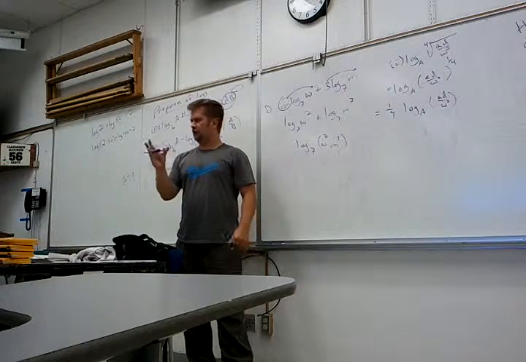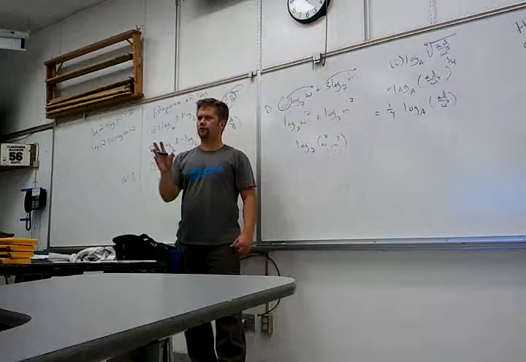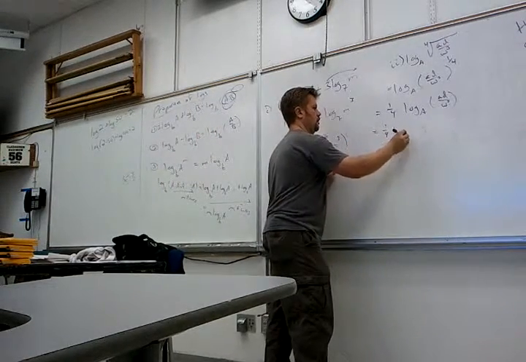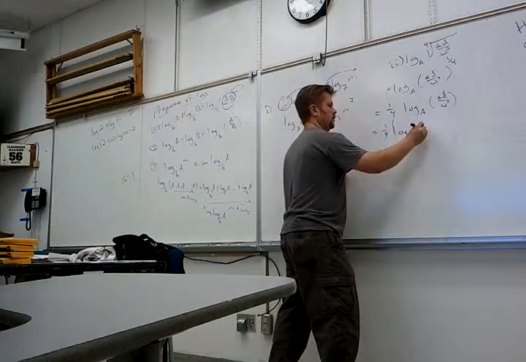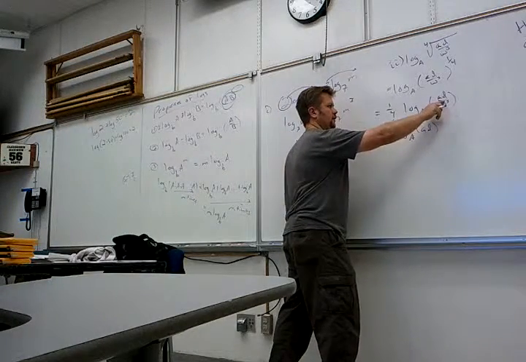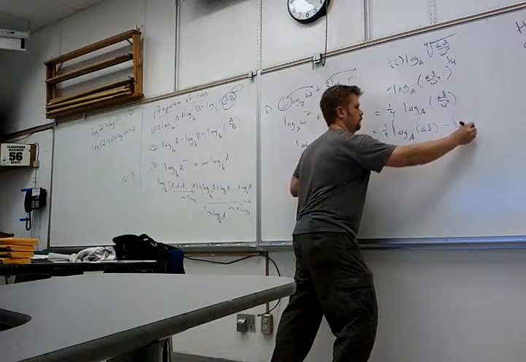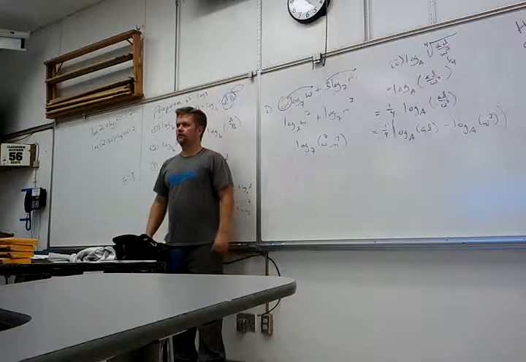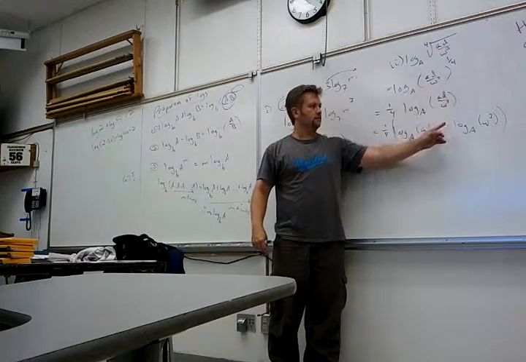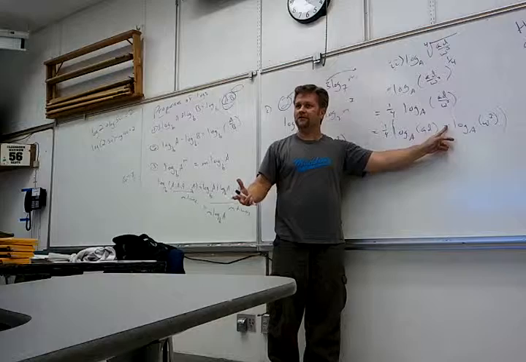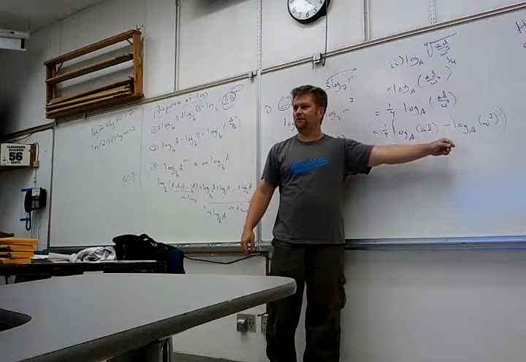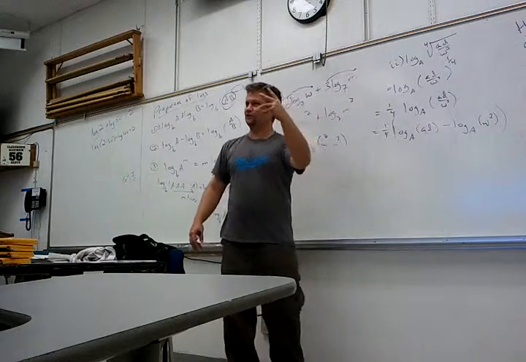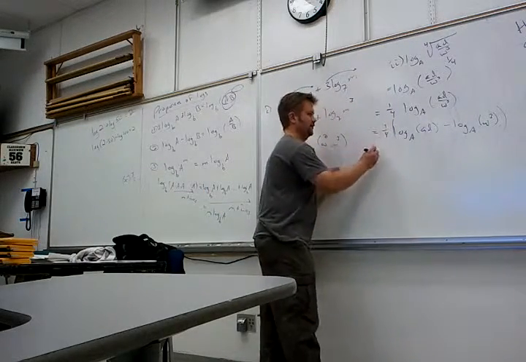Now how do I rewrite that division? You normally start with the division first so you don't have the minus signs in the wrong place. And that's going to be 1/4 log a of the top. What do I do when I divide? Minus the bottom, right? So I can break that up. When I divide, I can rewrite as the difference of 2 logs. The quotient is just the difference.